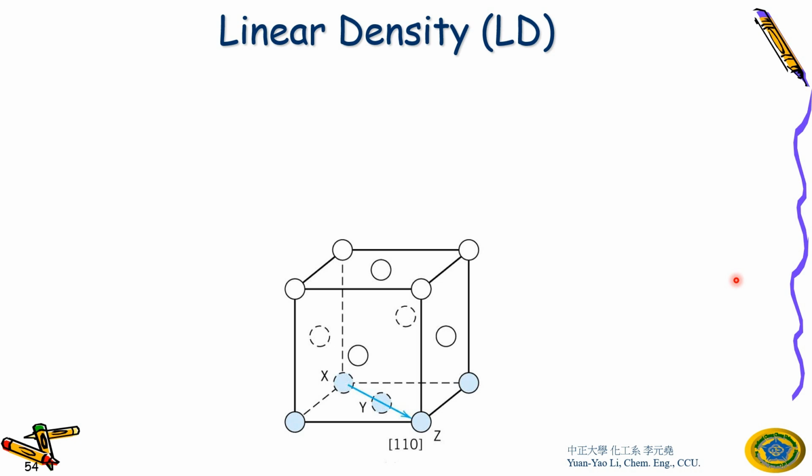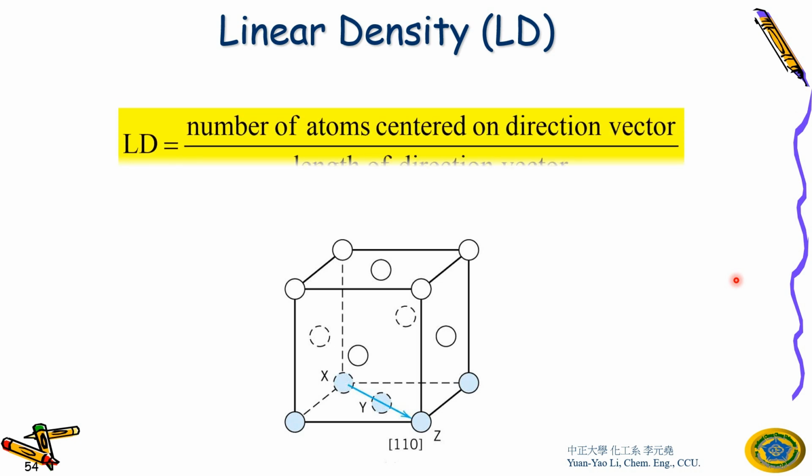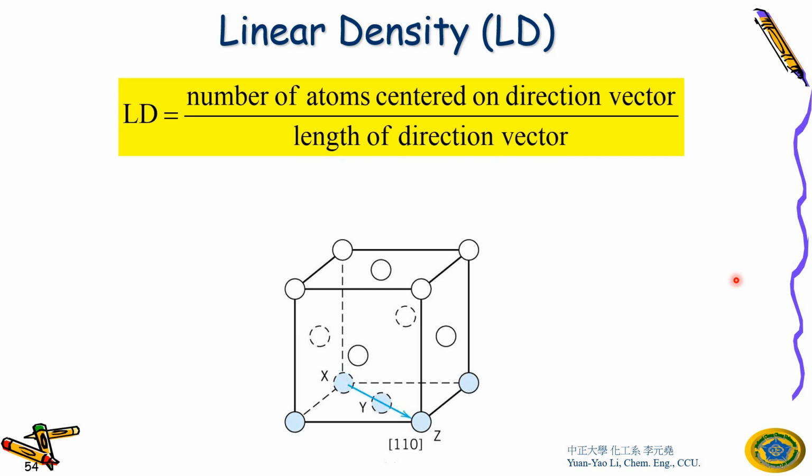But if you have a direction like a force, okay, if you have a force and it goes through this way through the unit cell, you need to know how many atoms you will hit, or the stress in this direction. So that's why we need to learn linear density and planar density. Okay, I will give you some examples, so don't worry about this.